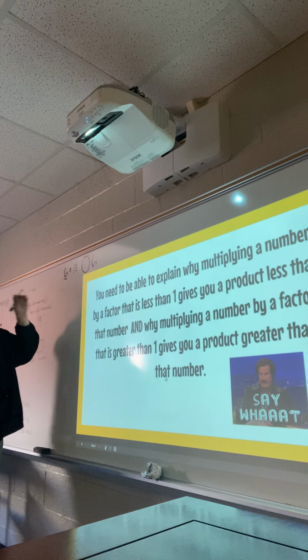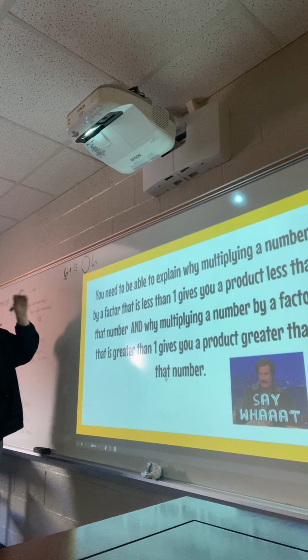So the rule tells me if I'm comparing this 6 to another 6, all right, the rule tells me if I am multiplying a number by anything that's less than 1, then my product, my answer, is going to be less than that original factor, okay? So if I multiply 6 by a half, it's going to be less than 6.